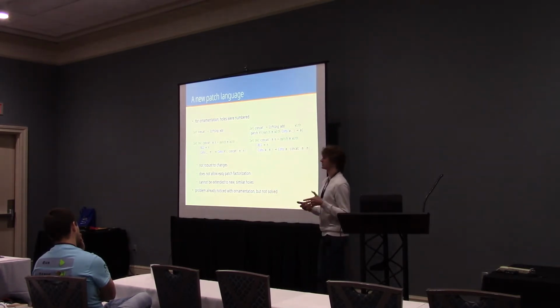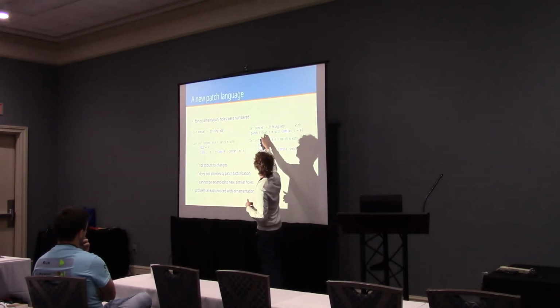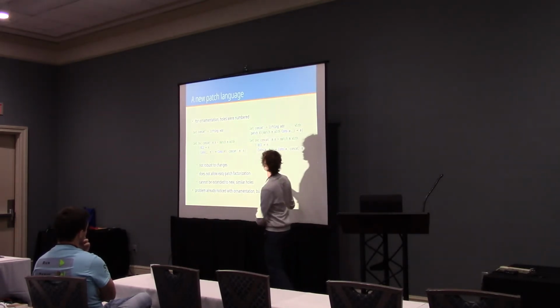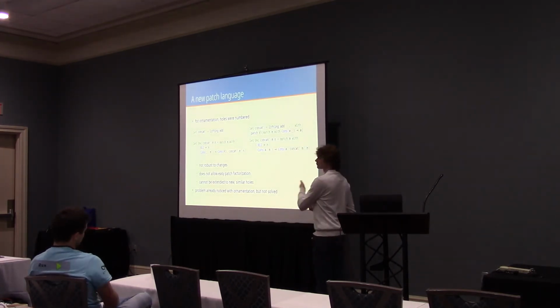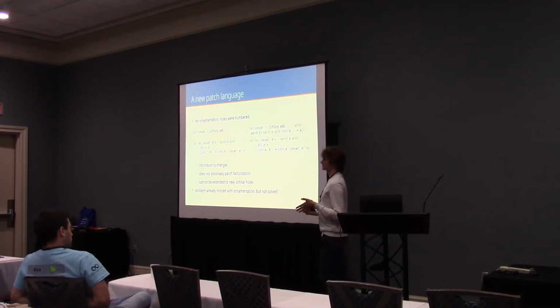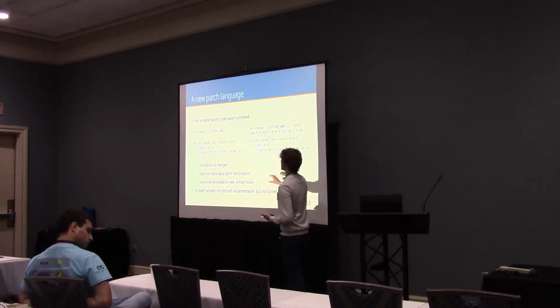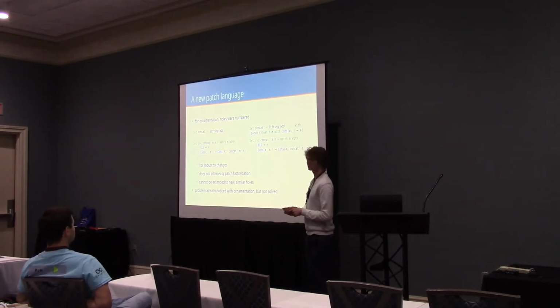It did not allow easy patch factorization, and patches could not be extended to new and similar holes. So this was a problem that was already noticed for ornamentation, but not solved, and for synchronization this is worse because we want to be able to change the code and to have robust patches.